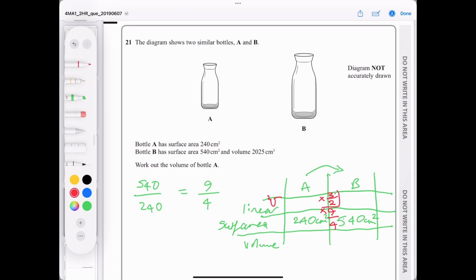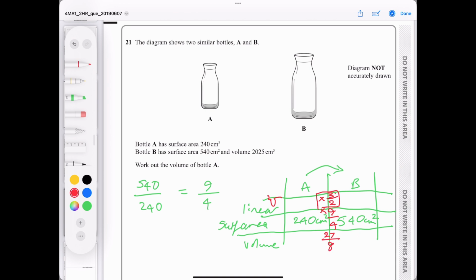But now, in order to find the volume of A, we're going to use the 3 over 2 and we're going to cube it. So 3 cubed is 27, and 2 cubed is 8.